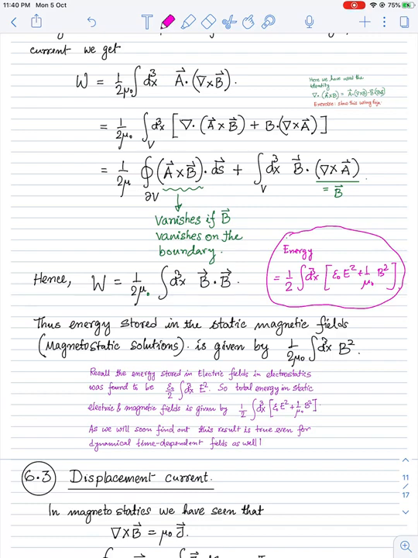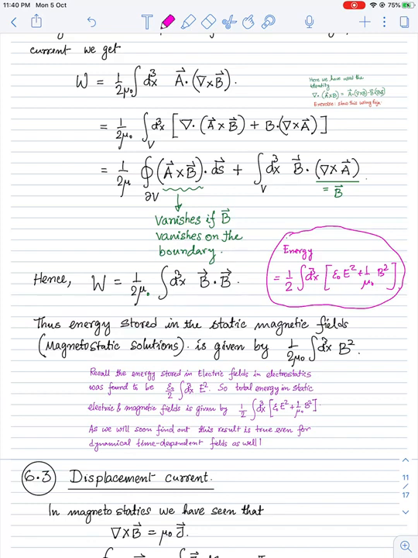Now, the electrostatic fields and the magnetostatic fields therefore carry some energy, and this energy is given by the square of the fields integrated over some volume. That is the total energy contained in the fields. That is a very important result, and we can use it to calculate the energy in the electric and magnetic fields.